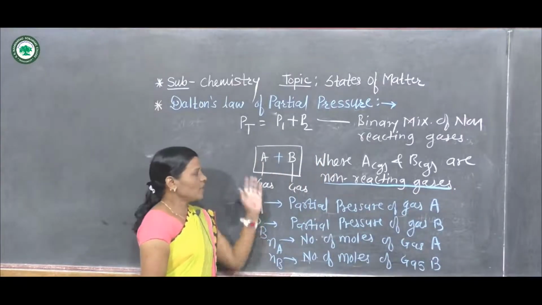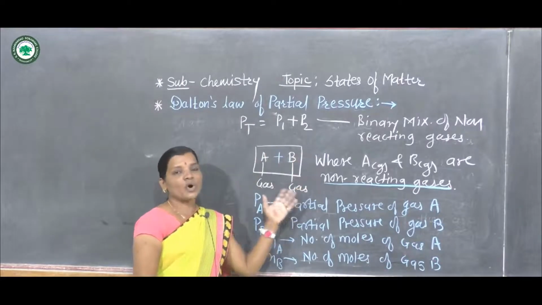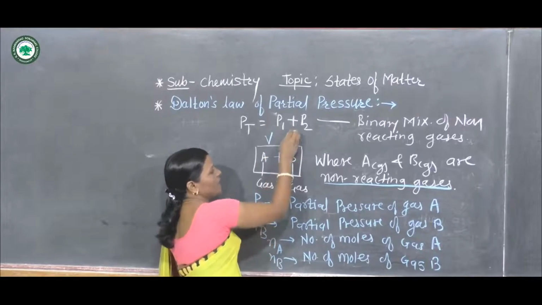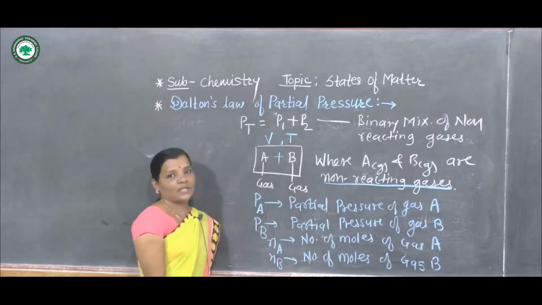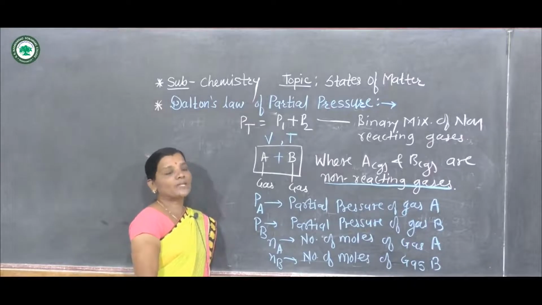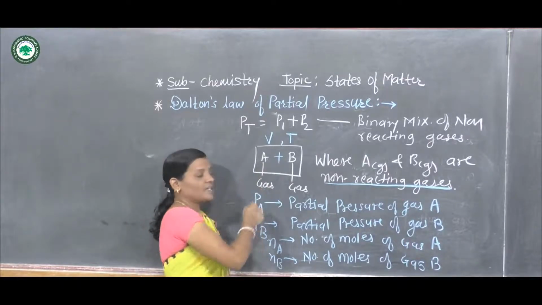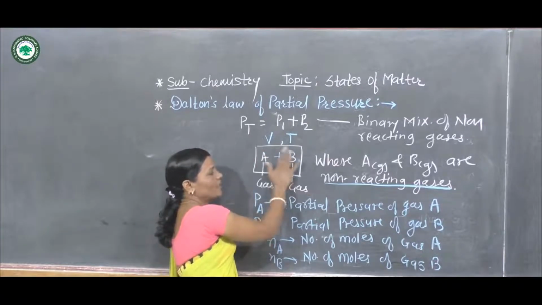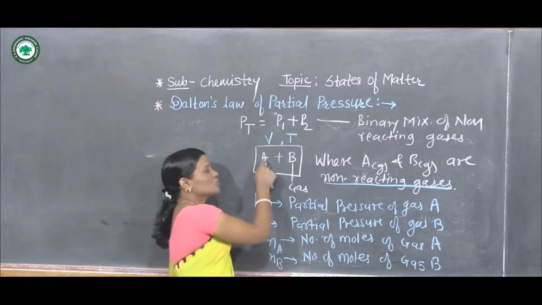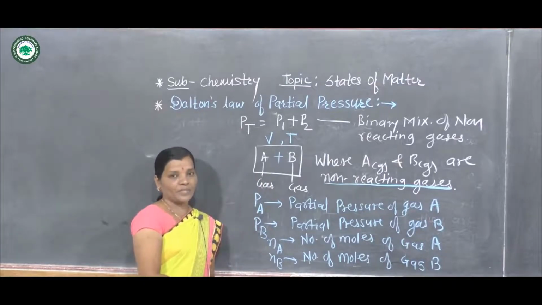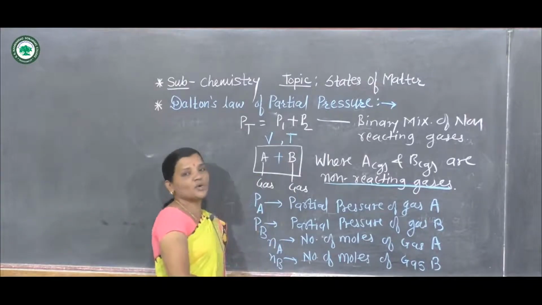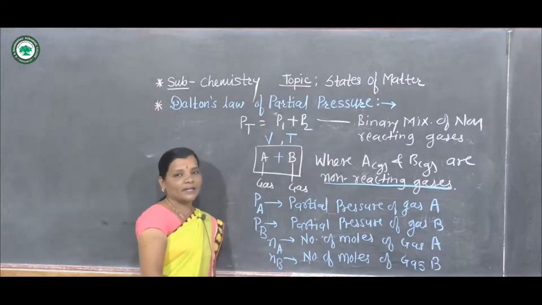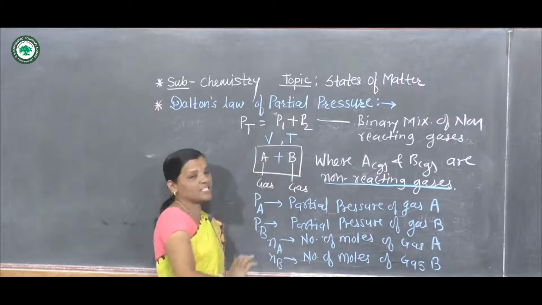Whatever volume is occupied in the container, suppose that volume is V at temperature T. Gas A behaves in such a way that whatever volume is occupied in the container belongs to gas A only, and similarly for gas B, the volume occupied in the container belongs to gas B only.